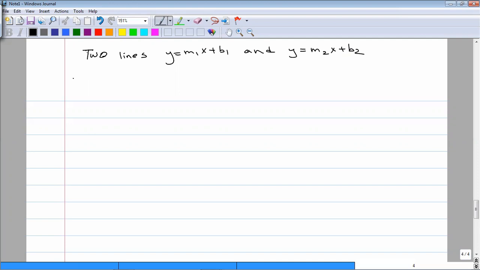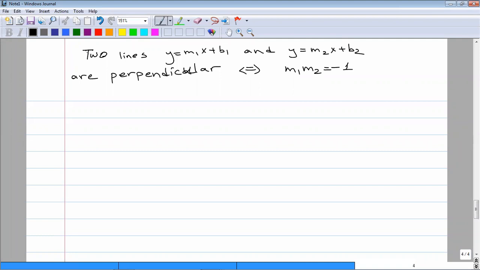Two lines are perpendicular if and only if the product of their slopes is equal to -1. You can see it yourself.